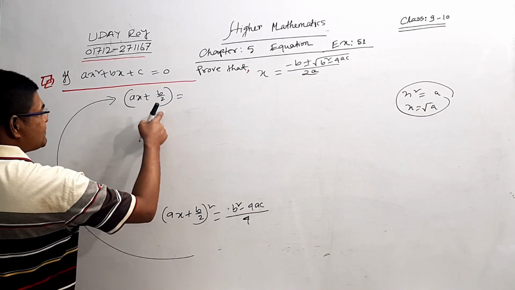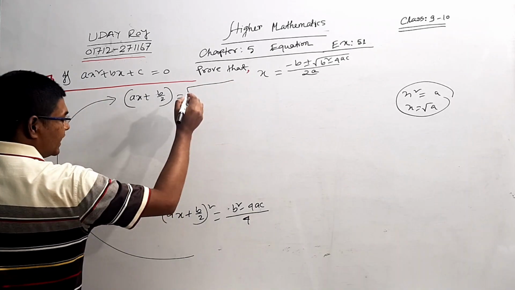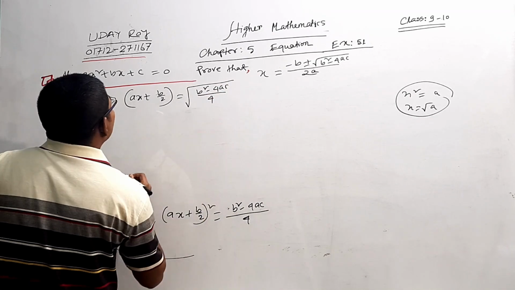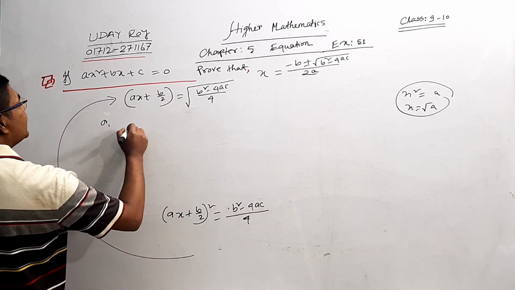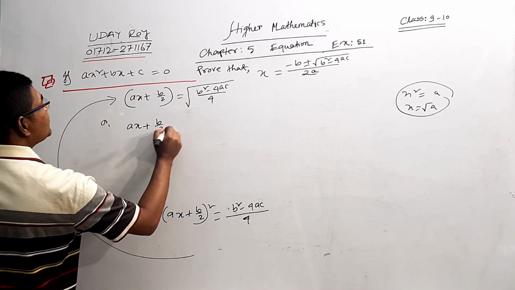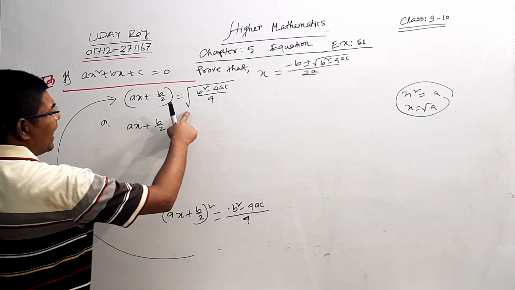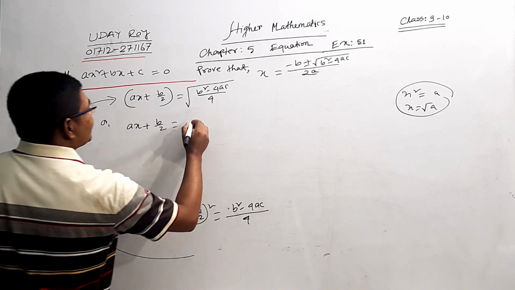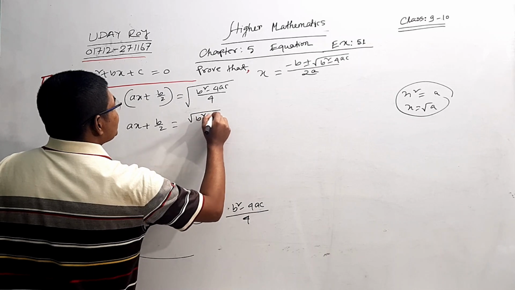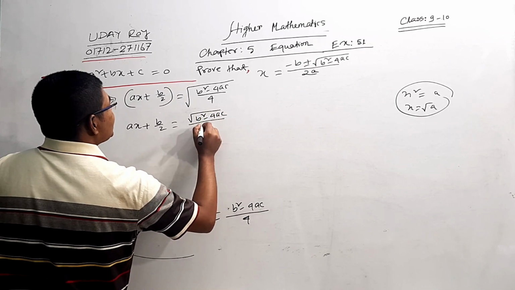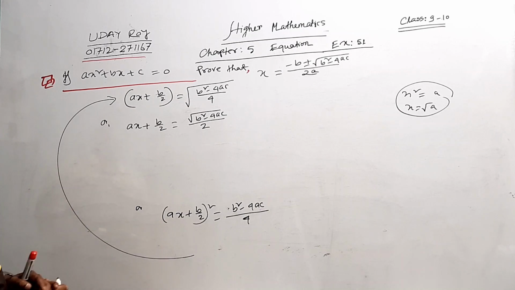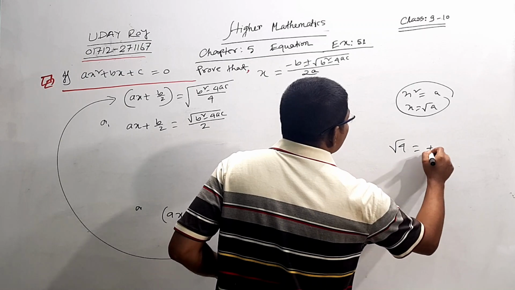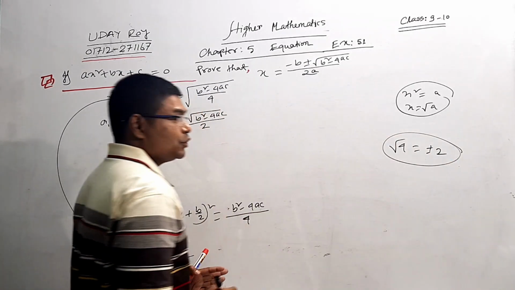We get ax plus b by 2 equal to square root of b square minus 4ac divided by 4, this is numerator and this is denominator. But 4 is a perfect square, that means we can write b square minus 4ac divided by 2, but here 4 we can write plus minus 2.